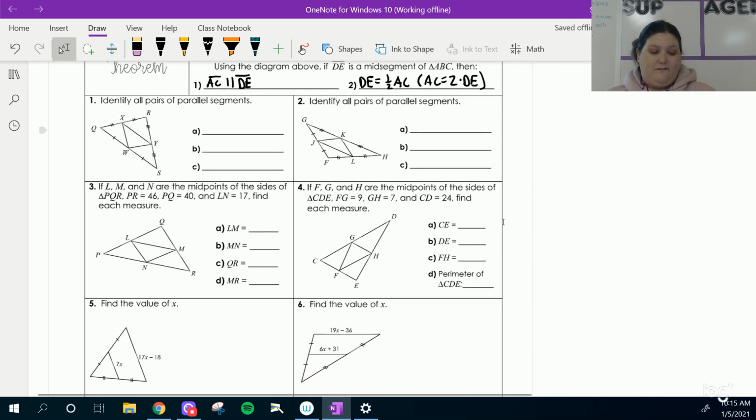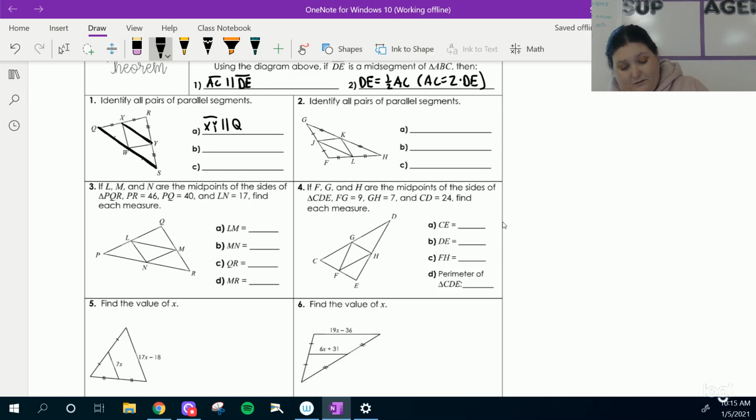It says identify all pairs of parallel segments. My parallel segments are the segments that run the same way. So these two segments are parallel to each other, XY and QS. You have that already filled out. XY is parallel to QS. Then next one is WY.